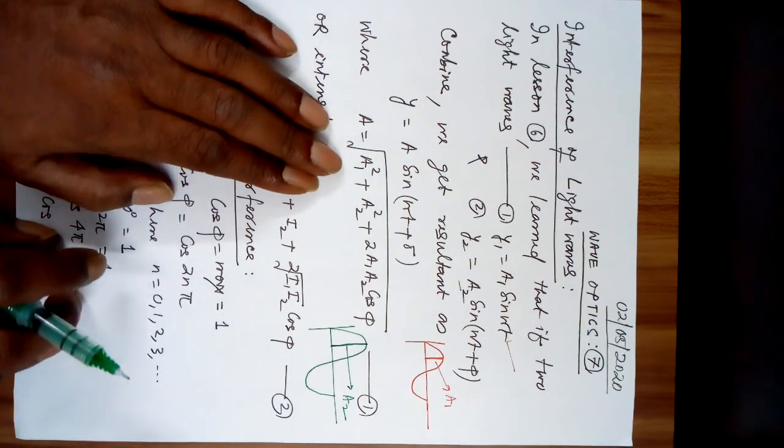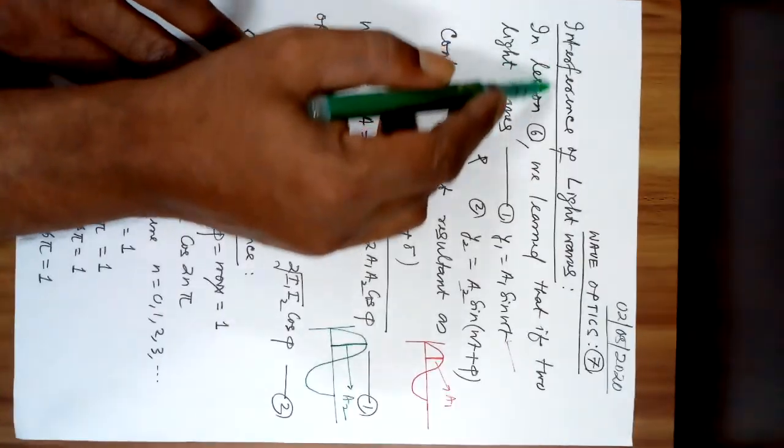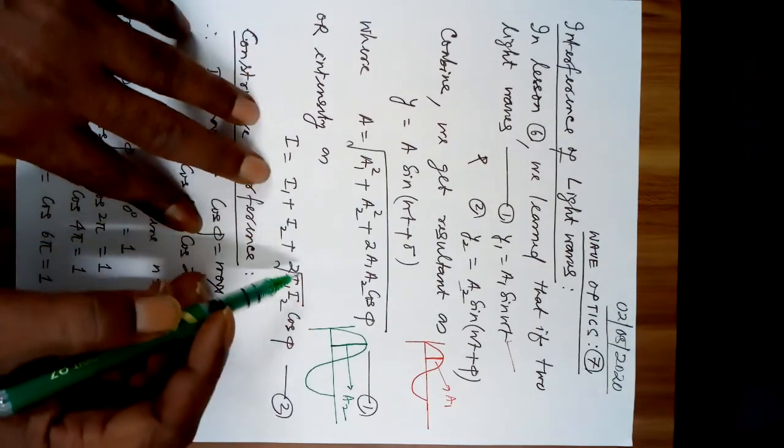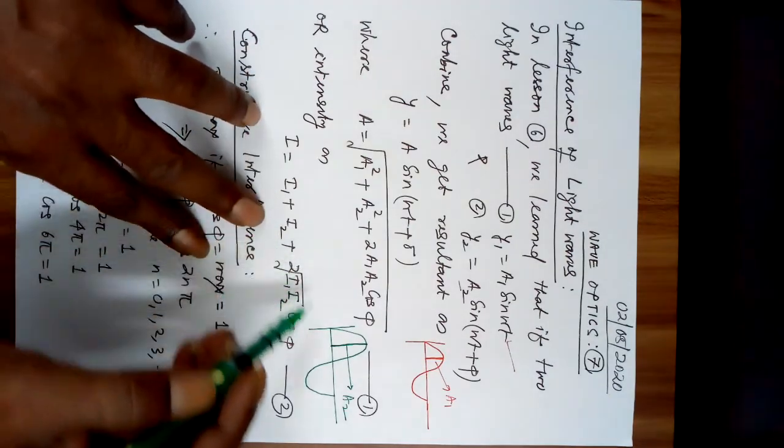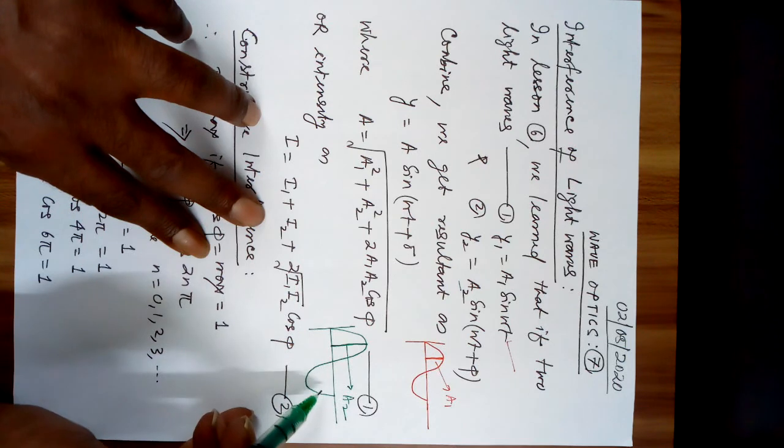Now what do you mean by interference of light waves? Interference means overlapping of one wave with the other.